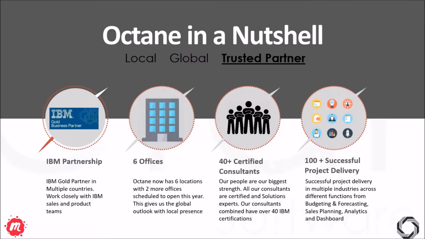About Octane, we are an IBM Gold partner. We have 6 offices, out of which 2 offices are in Australia and 4 in India. Octane head office is based in Sydney, Australia. We have more than 40 certified IBM Planning Analytics consultants in our 6 offices, and together we have delivered more than 100 projects successfully.